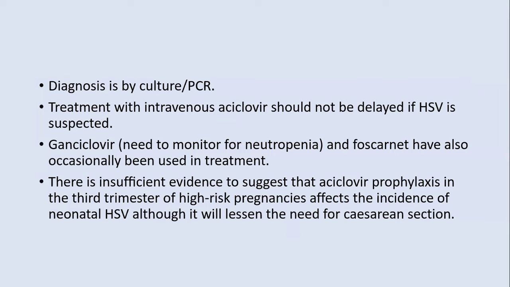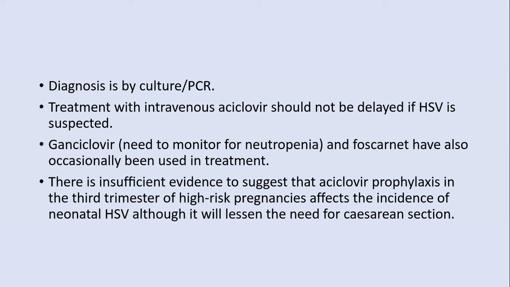The treatment is by intravenous acyclovir therapy, which should not be delayed. Then ganciclovir, which should be monitored for neutropenia, and foscarnet have also been occasionally used. There is insufficient evidence to suggest acyclovir prophylaxis in the third trimester of high-risk pregnancies affects the incidence of neonatal herpes simplex virus, although it will lessen the need for cesarean section.